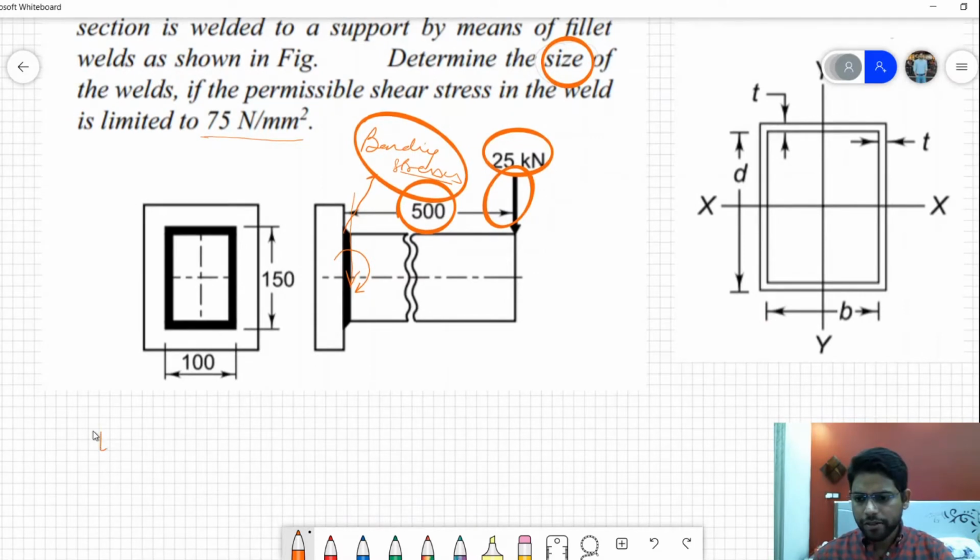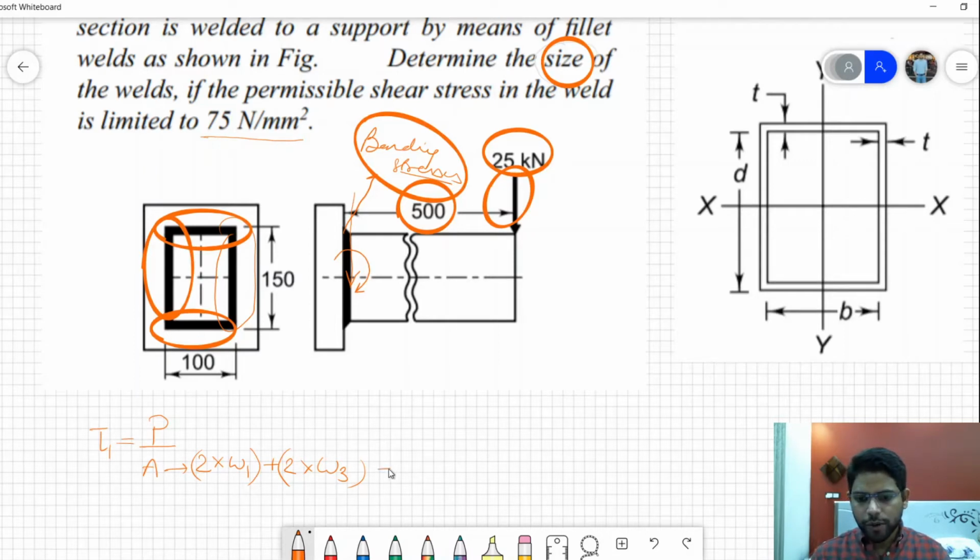Your primary shear stress will be equal to the load divided by the total area of the weld. Now there are 4 welds. Weld 1 and weld 2 are of same length. Similarly, weld 3 and weld 4 are of similar length. So the total area will be equal to 2 multiplied by the area of the first weld plus 2 multiplied by the area of the third weld, because third and the fourth weld have the same area.